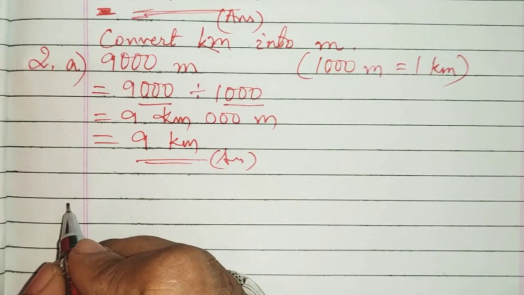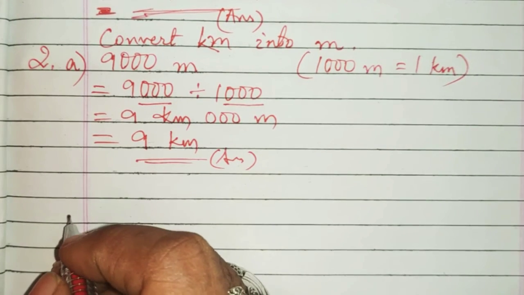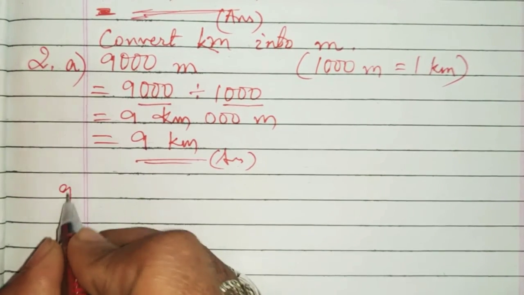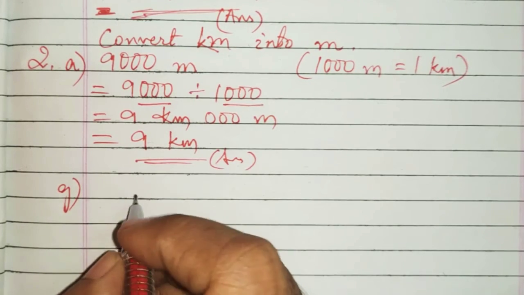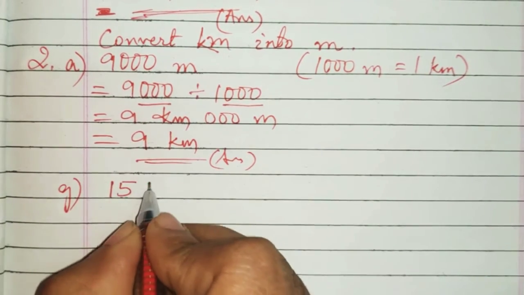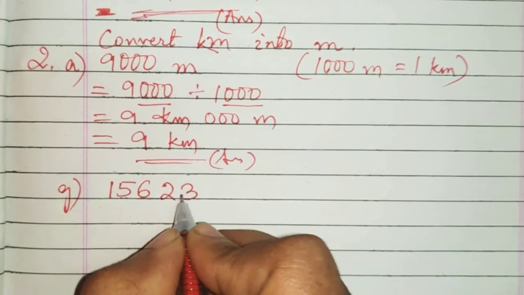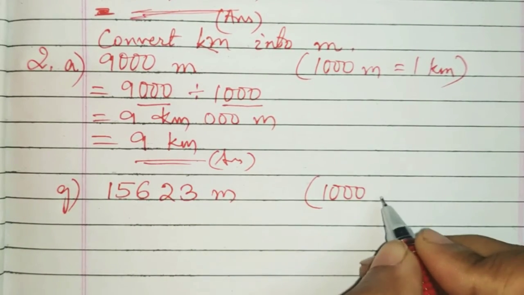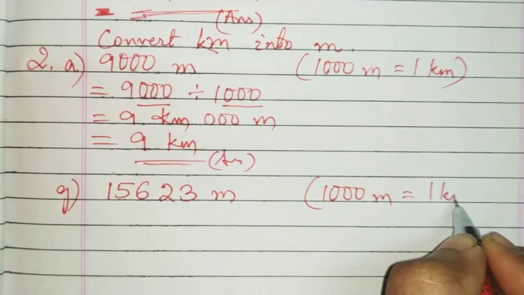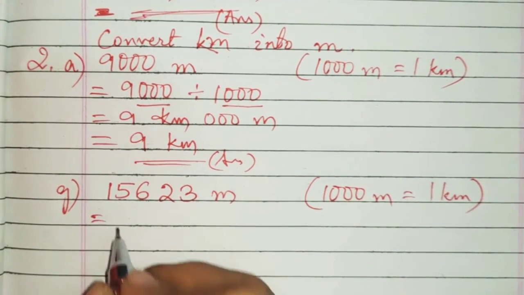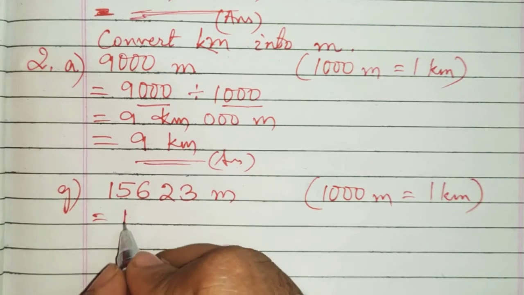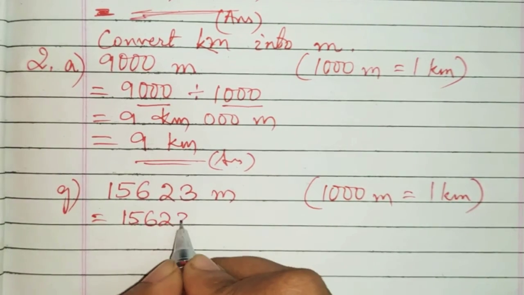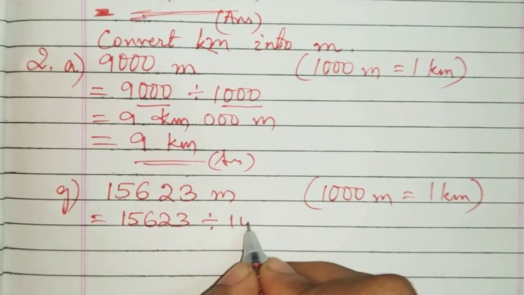Similarly, we will be looking for one more example. Let's take G number 15623 meter. Now here what we are going to do? Same way we are going to write 15623 divided by 1000.